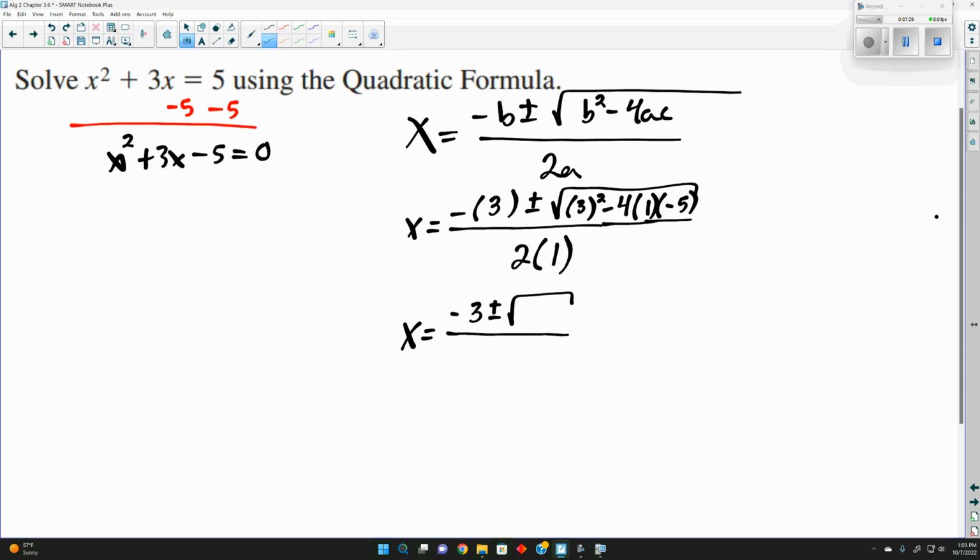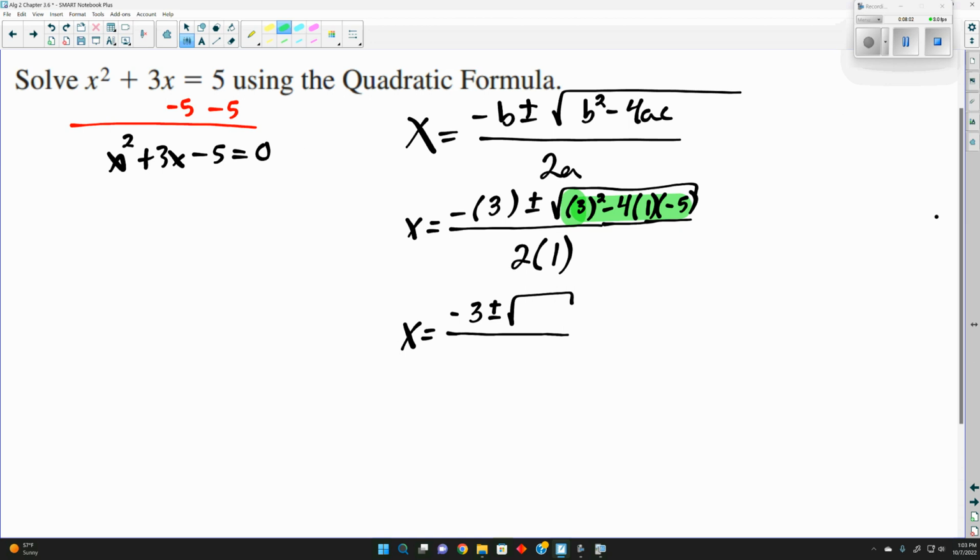Square root. It is very tempting to want to plug the whole square root and everything inside into the calculator. I would be hesitant to do that, partially for 2 reasons. One, we know already that we can have solutions where that radical is not going to come out to be a nice number. If we get anything that's not a perfect square inside the radical, it's going to come out as a decimal if we plug the square root of 3 squared minus 4 times 1 times negative 5 into the graphing calculator.